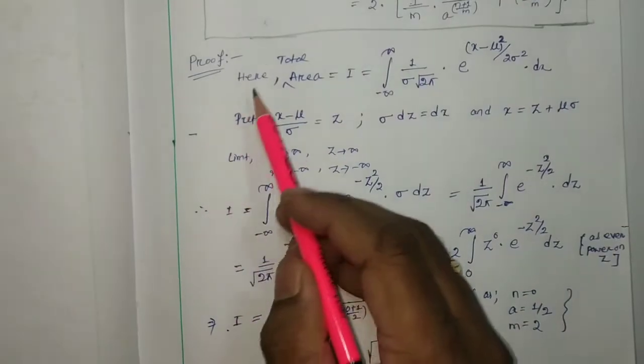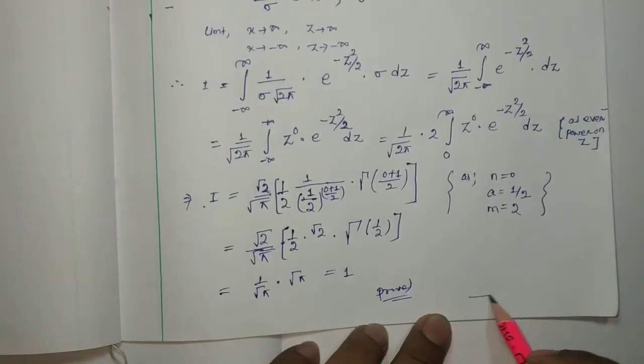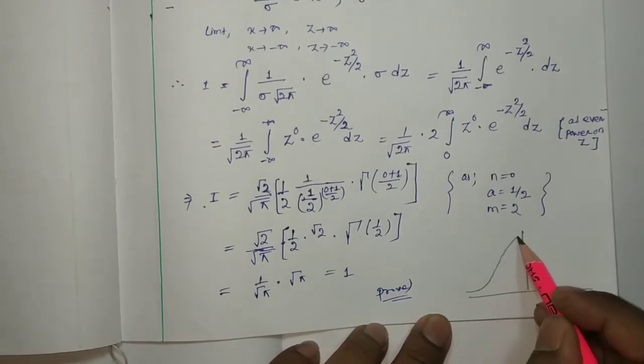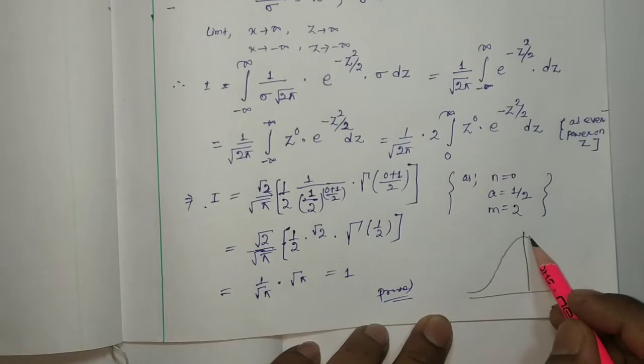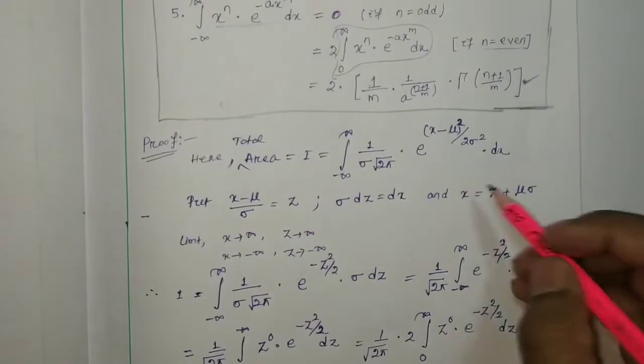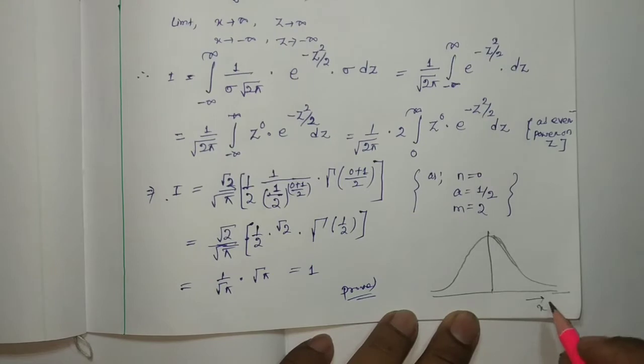Now we have to prove that this integration from minus infinity to plus infinity equals 1. It is very simple. You have to draw the figure here. This is the variation of x, and this is your mu.